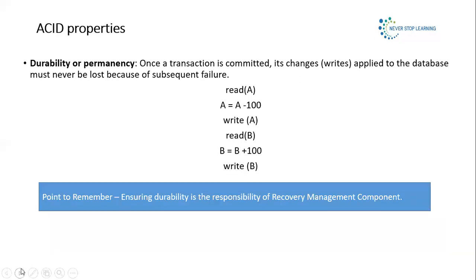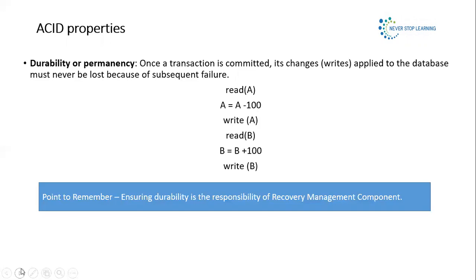Next we have durability. This durability is also known as permanence. Once the transaction is committed, its changes applied to the database must never be lost because of subsequent failures.